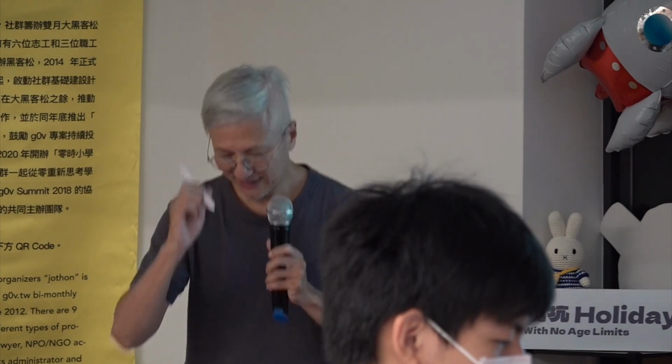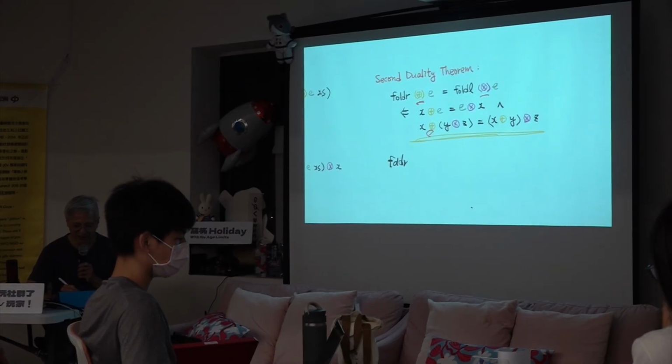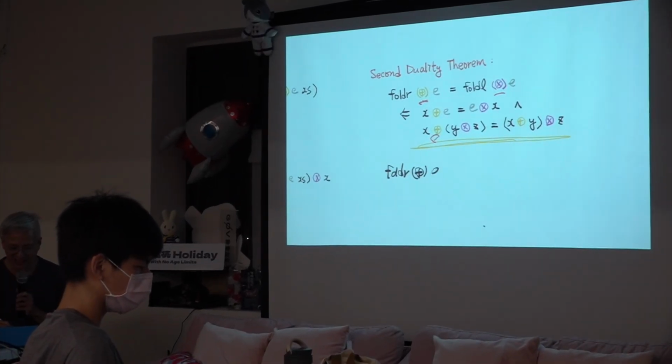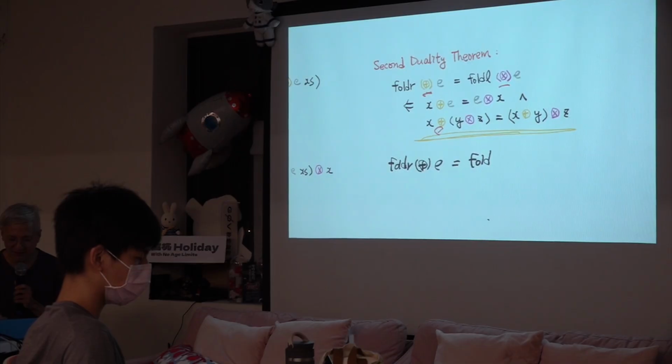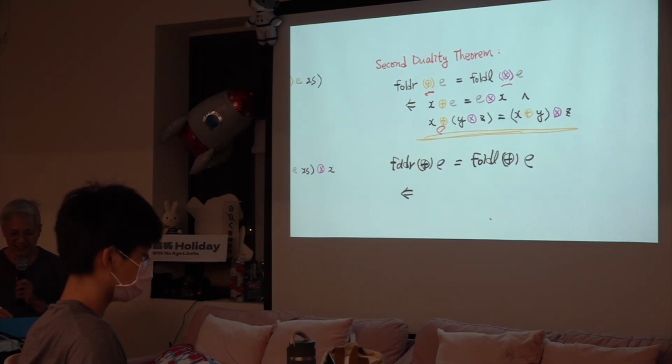Anyone want to say something? Well, I looked at what the first duality theorem is. It's the conditions when left fold and right fold are equivalent when applying the same function. So it's when fold R equals fold left, provided that it's associative and has an identity element.